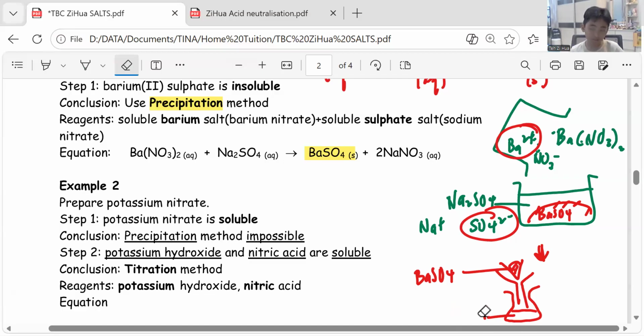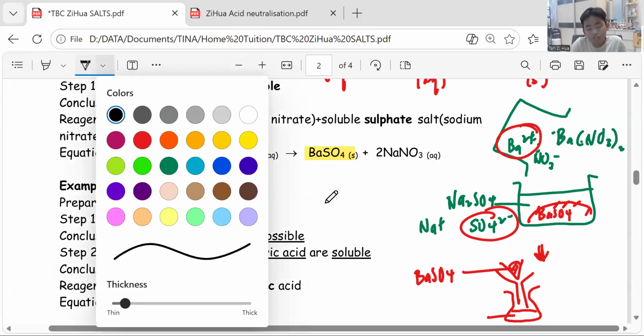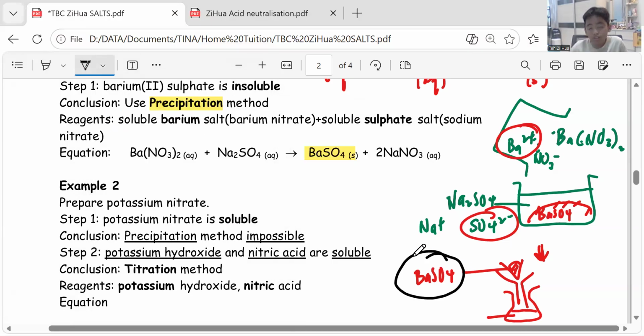Is this called residue or filtrate? No, the one on top, the solid, is called residue. So barium sulfate, because it is the solid, will become the residue.